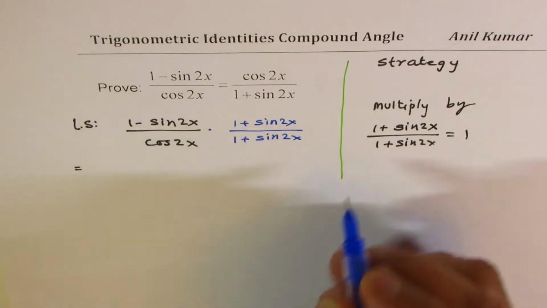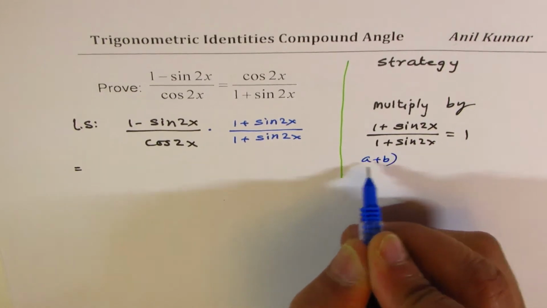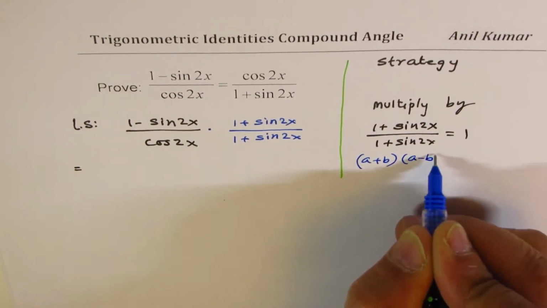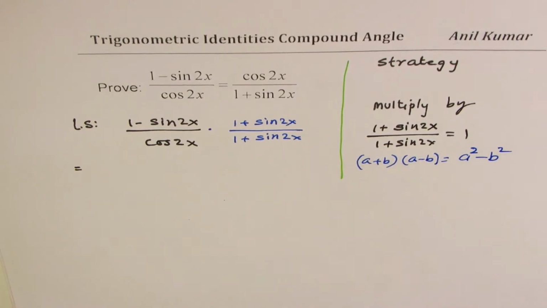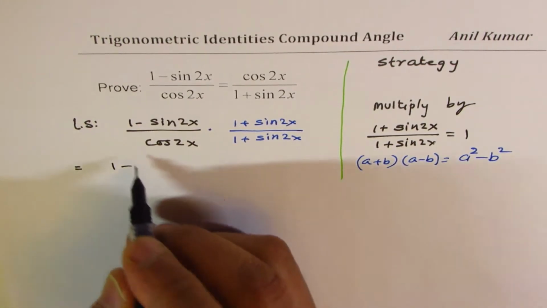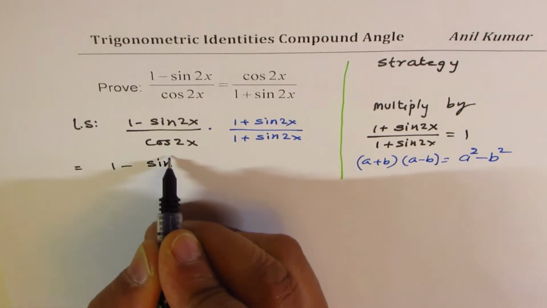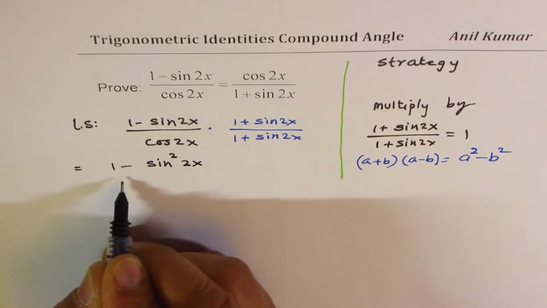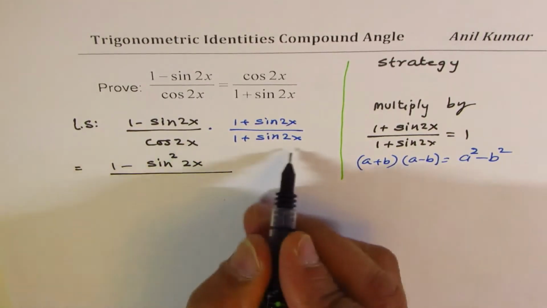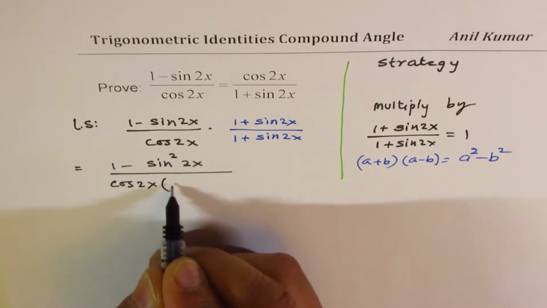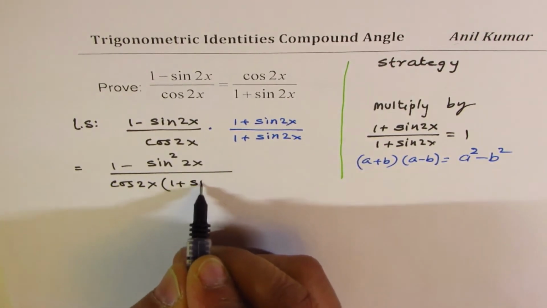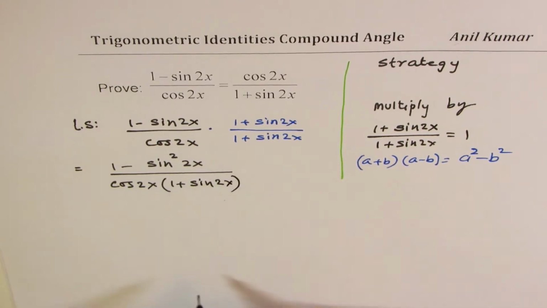Basically, you know (a plus b) times (a minus b) equals a square minus b square, right? So what we get here is 1 minus sine square 2x. And in the denominator, we'll keep it as such, will not expand. We have cos 2x times (1 plus sine 2x).